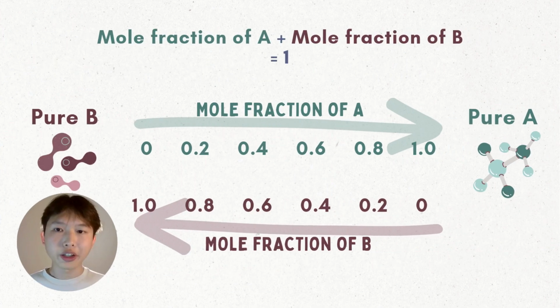So from here we know that the summation of the mole fraction of A and the mole fraction of B must be equal to 1. But when the mole fraction of A is 0 and the mole fraction of B is 1, this indicates that it is a pure substance, which is pure B. And when the mole fraction of A is 1 and there's no B inside, which means the mole fraction of B is 0, this indicates that it's actually pure A.